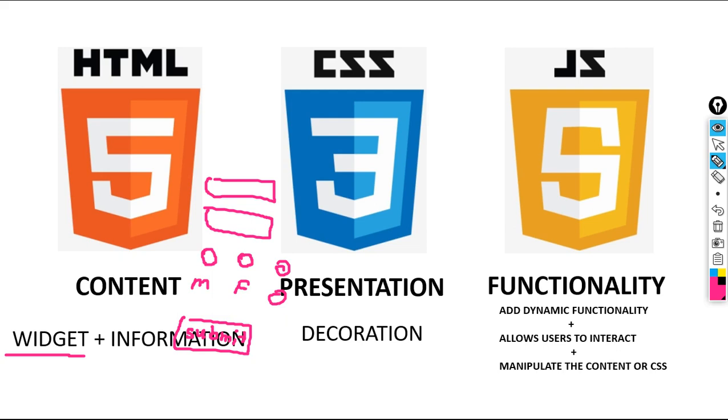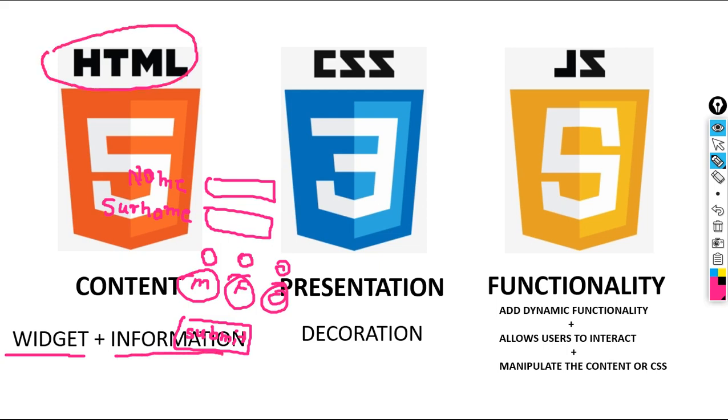And before each widget, you will see some label, correct. Name, surname, male, female, other, these are labels. So these are nothing but information. So with the help of HTML, we can get widgets plus information.